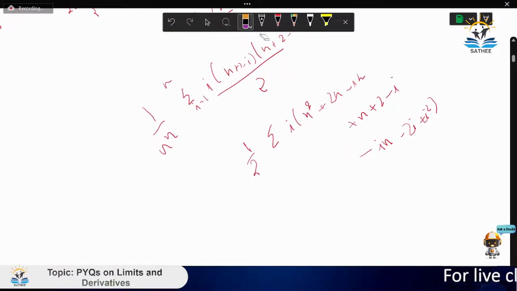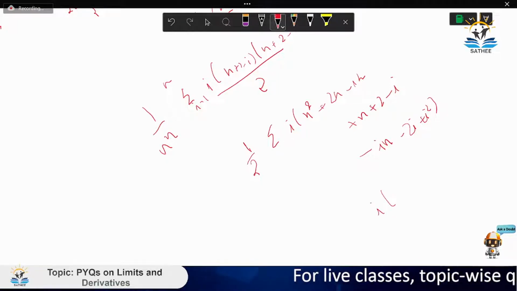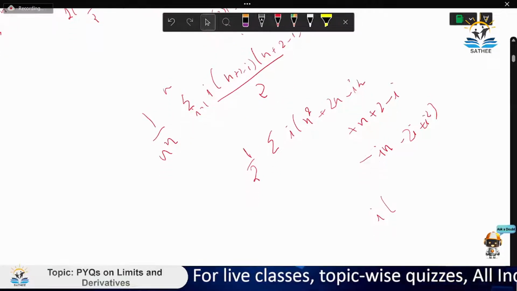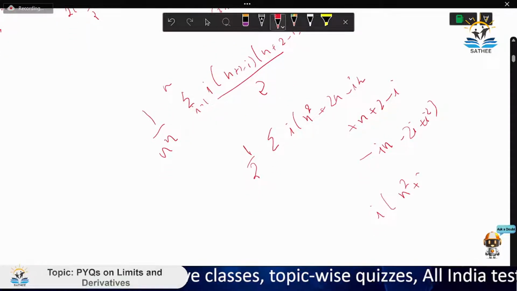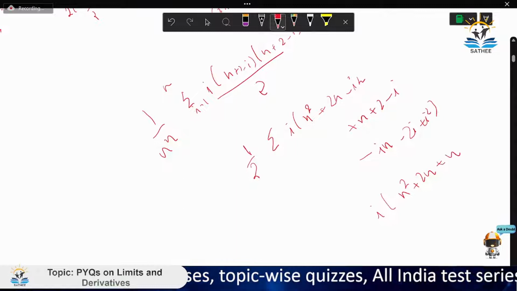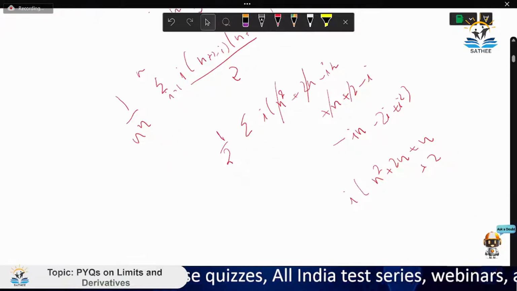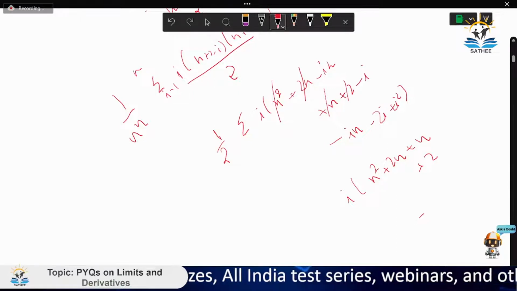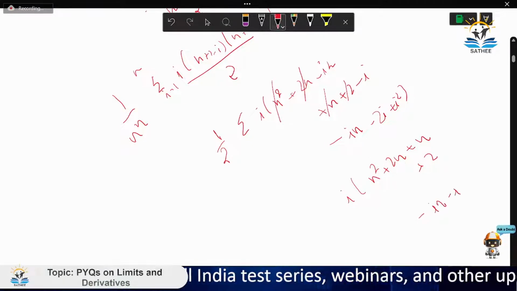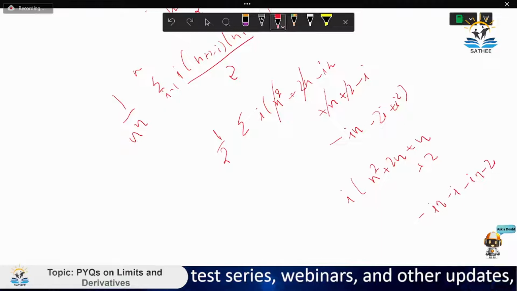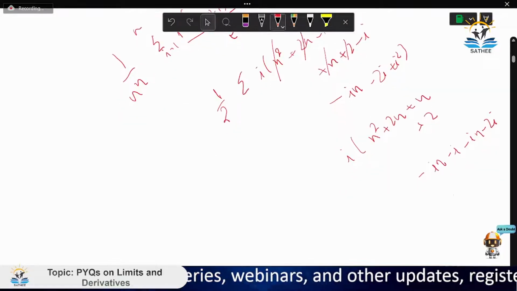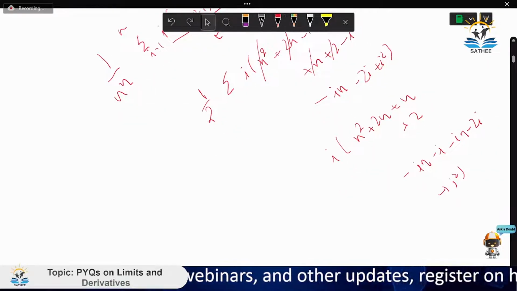Let me erase this. Okay. So what am I left with? Let's collect all the terms without the i first. So we have n square plus 2n plus n plus 2. Let me cancel them also to avoid any confusion. Then I have minus in minus i minus in minus 2i, and then I have n square.